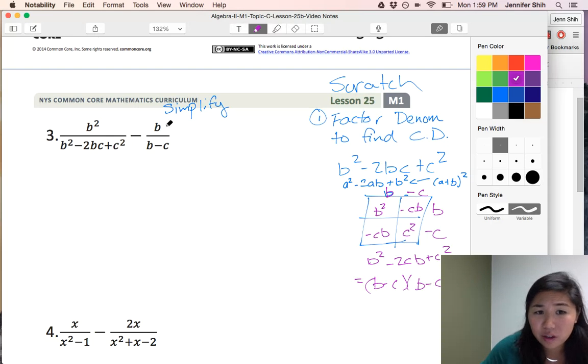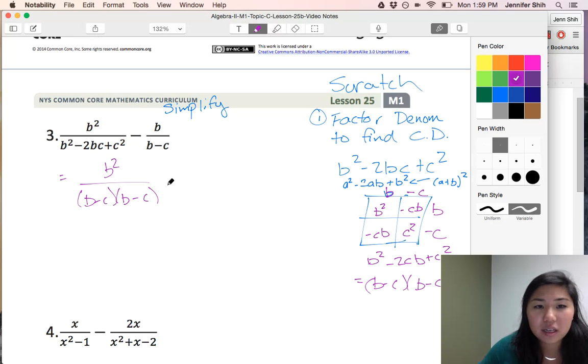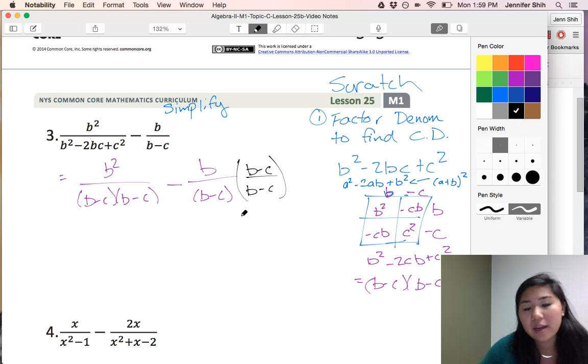That's convenient because on this expression, there's one b minus c. We just have to multiply it by another one. So I'm going to draw an equal sign, and I'm going to factor this. B minus c, and then I have this b minus c. Okay, I'm missing a b minus c to make a common denominator. So I'm going to write b minus c, and I'm going to multiply now.